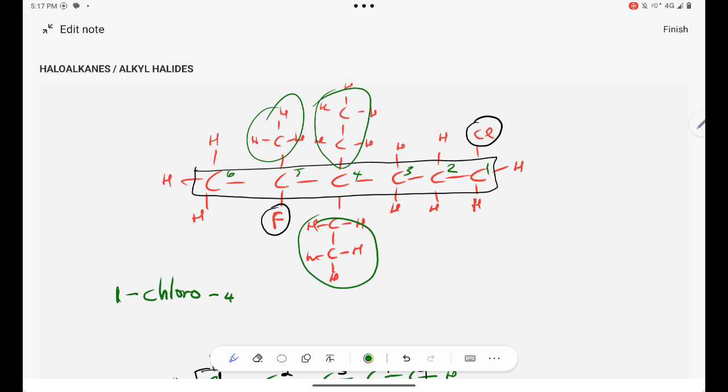Then at carbon number 4, I have diethyl. Are you together? Then at carbon number 5, I have my fluoro. Are you together, guys? Also at carbon number 5, I have my methyl. Since I'm done mentioning these additions, all I have to do is to write down my suffix. The suffix will simply be butane.